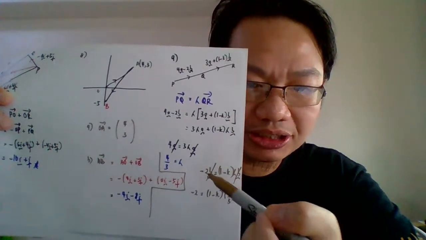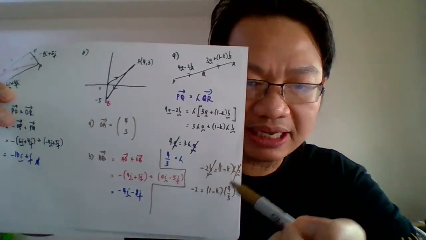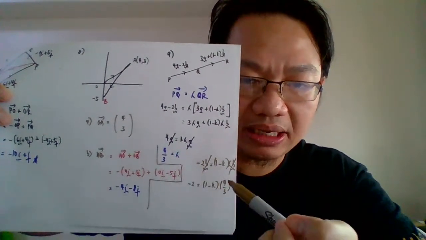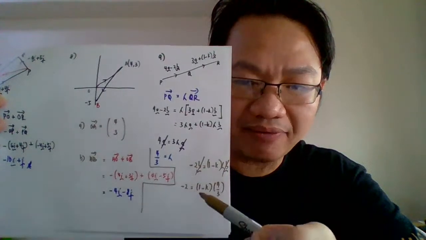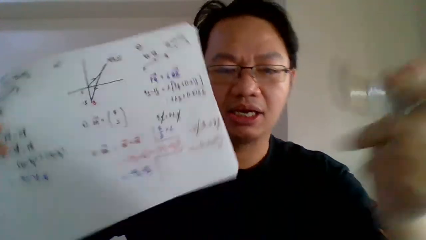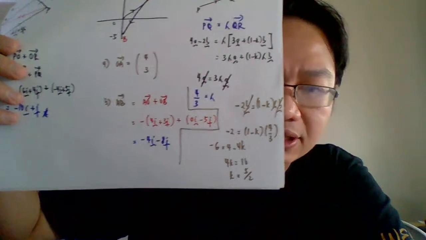B cancelling each other, so negative 2 equals 1 minus K, but lambda we already obtained, 4 over 3. We put it here and we expand everything, then we find the value of K. So expand slowly. Negative 6 equals 4 minus 4K. 4K equals 10, K equals 5 over 2. And so this is our final answer.